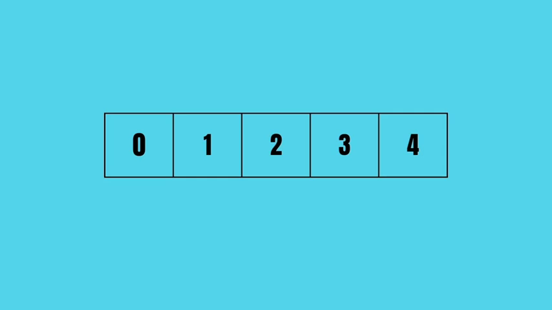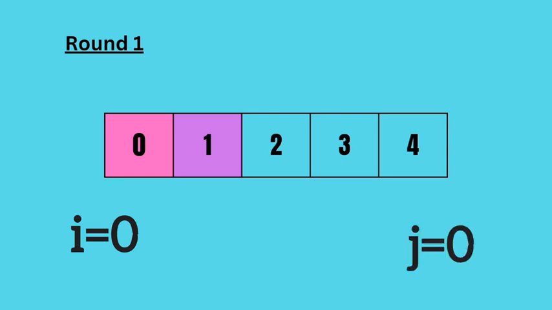We have to arrange it in ascending order with the help of the bubble sort algorithm. As I told you before, the round is the i loop. So here the round is the first round, so i equals 0 because the array starts from 0, and in the first round the first step is the 0 and 1 comparison. So this first step is j equals 0.